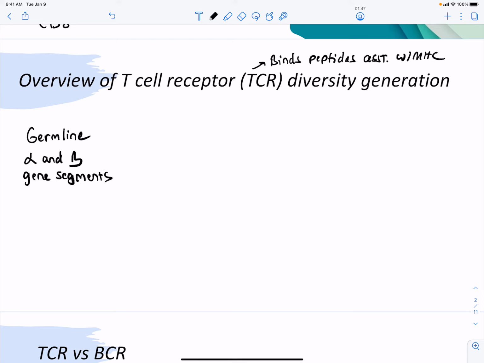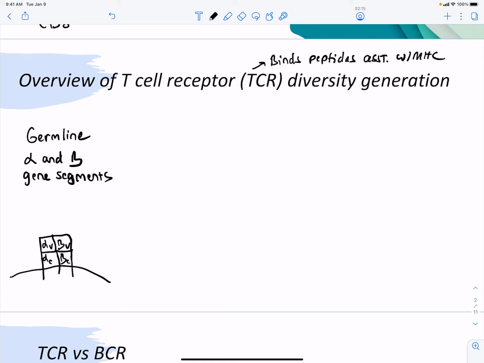And a T cell receptor, in its very basic look, is always going to be associated with a membrane. I'm just drawing it as boxes. You have alpha variable, beta variable, alpha constant, and beta constant. And that's basically the general structure of a T cell receptor.